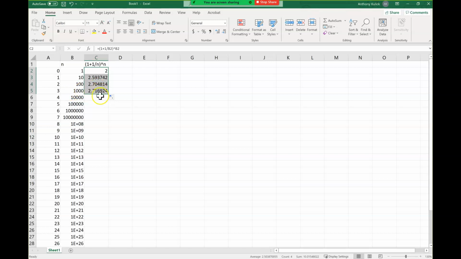When n is 1,000, we get about 2.71 and change. When it's 10,000, 2.71, and it went up a little bit. When it's 100,000, now we're at 2.718 and change. 2.718 and change when it's a million. When it's 10 million, it's 2.7182.